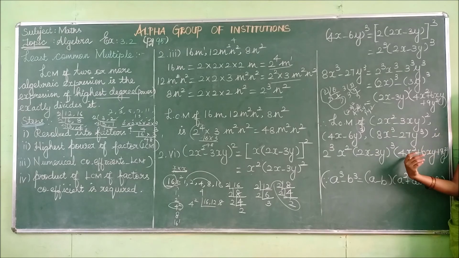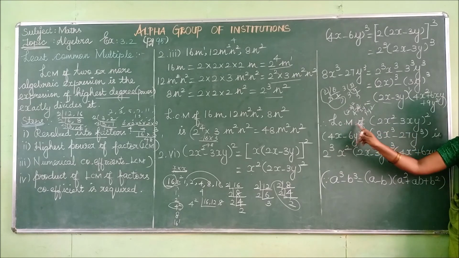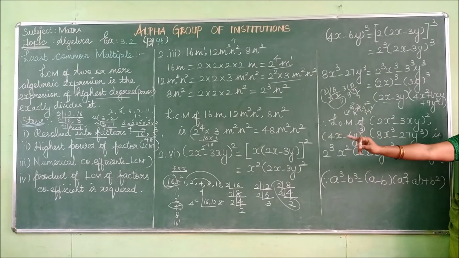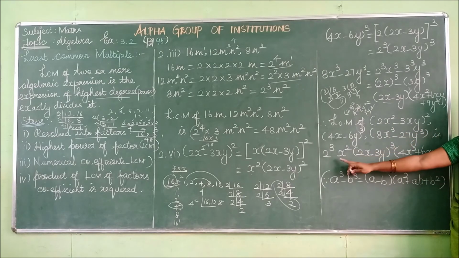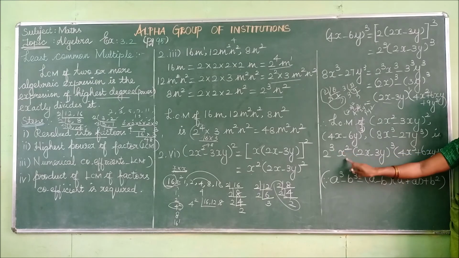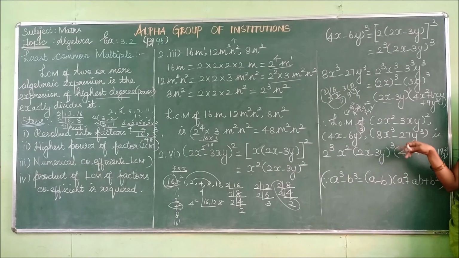Then another term is 4x squared plus 6xy plus 9y squared. At last, how do you write the LCM of the terms? x squared into 2x minus 3y the whole square, then 4x minus 6y the whole cube, then 8x cube minus 27y cube, which is equal to 2 cube x squared, 2x minus 3y the whole cube into 4x squared plus 6xy plus 9y squared.